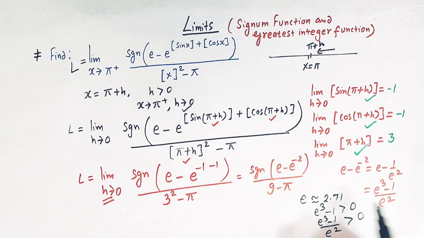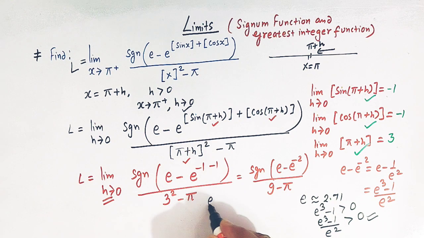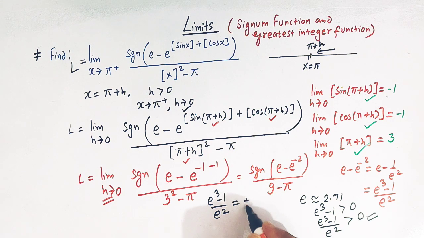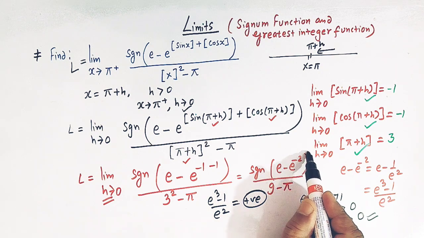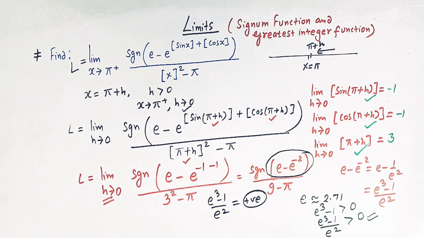So this quantity, that is e minus e raised to minus 2, which is equal to e cube minus 1 over e square, is greater than 0. So greater than 0 implies that e cube minus 1 over e square is a positive quantity, right? So inside this signum function, we have a positive quantity, right?